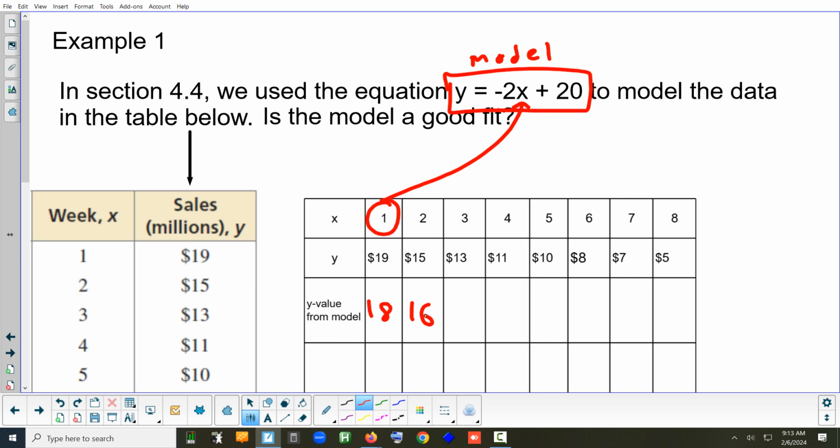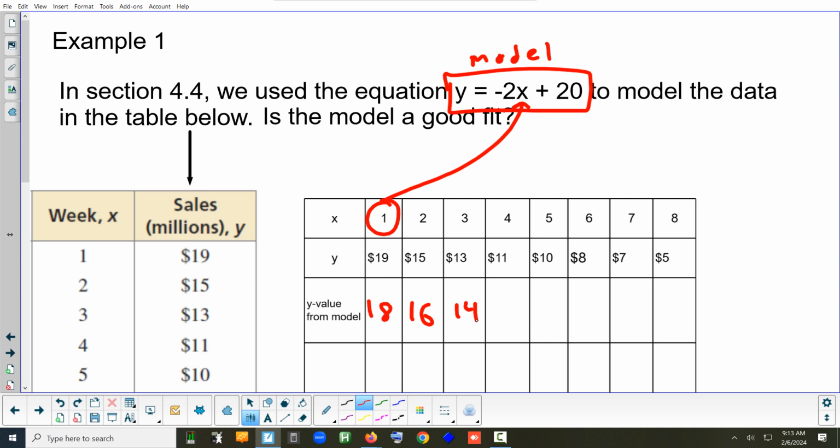Let's do the next one. Plug in 3. What's negative 2 times 3? Negative 6. And negative 6 plus 20? 14. Again, was the prediction close to the actual value? Yep.